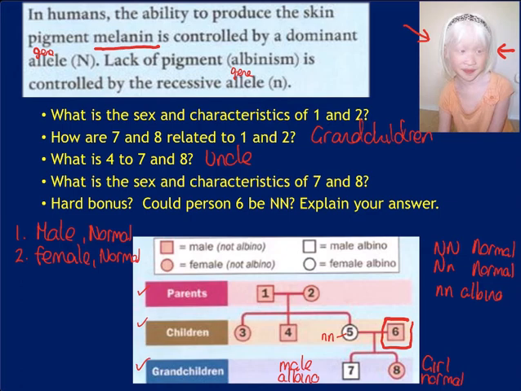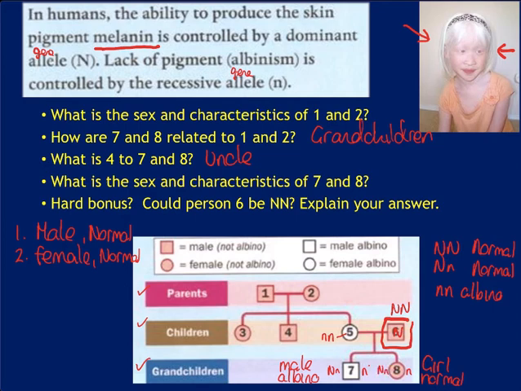So one baby is going to be an n, one baby is going to be an n. And up here, the question is asking, could this person be big N, big N? So if this person was big N, the only gene he is going to give is big N to his babies. So then if that was the case, any baby he would have would have to be a big N, small n. All babies would be like this.